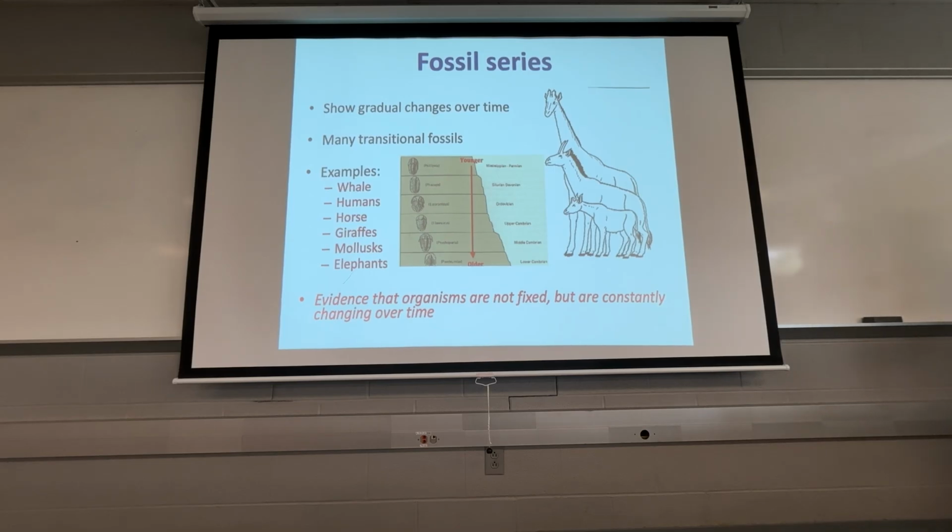So what do I mean by that? This trilobite down here, we know it's a trilobite. I mean, they all look similar enough that we can say, oh, trilobites. But they're all different. They're not all the same. They've changed from generation to generation, or over large amounts of time, if you will.